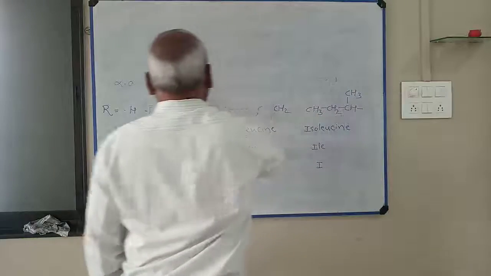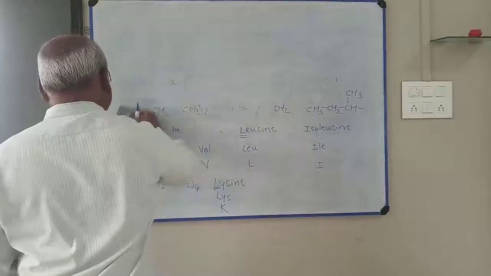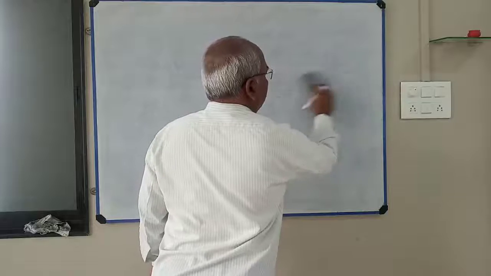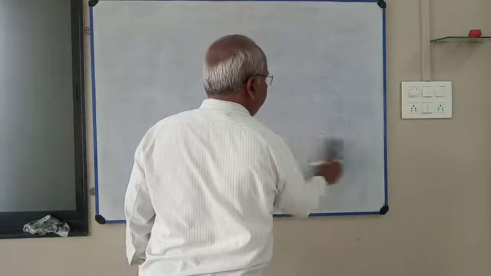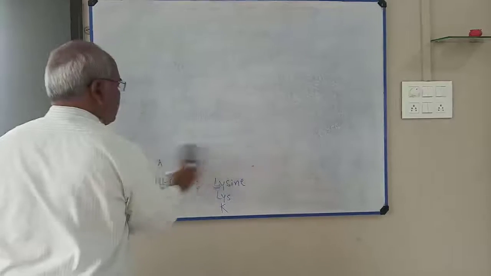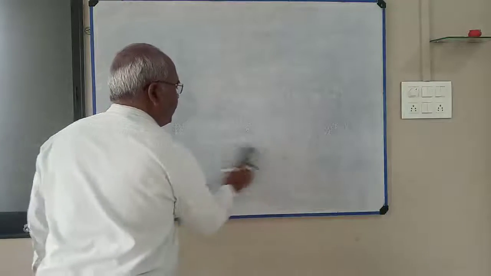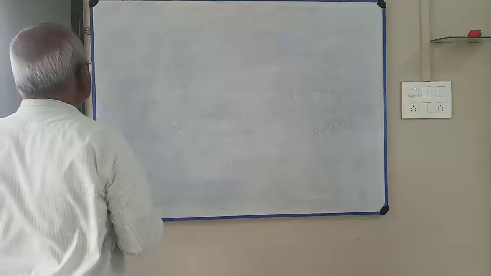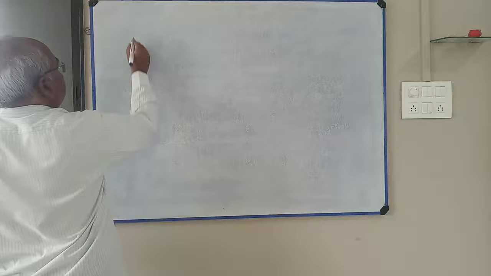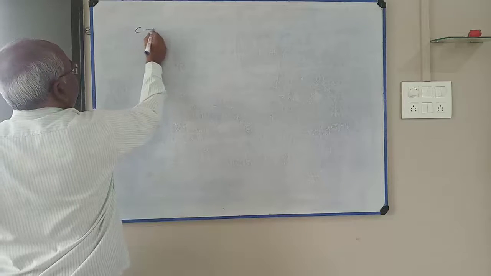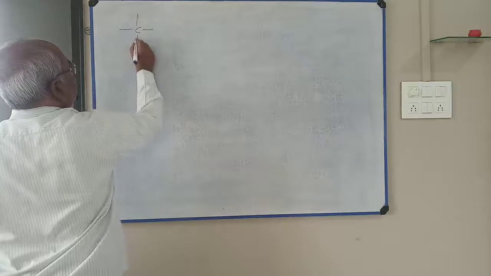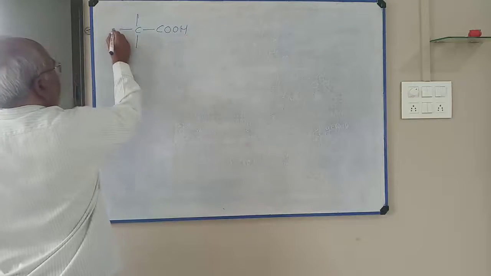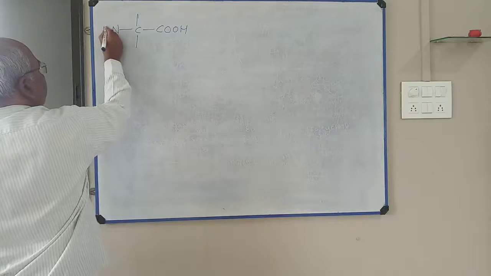After finishing this, I am going to explain what is peptide linkage and how it is formed. So try to understand one important point we are going to study. Here I write tetravalent carbon. Here is carboxyl group. On left hand side NH2 group is present.